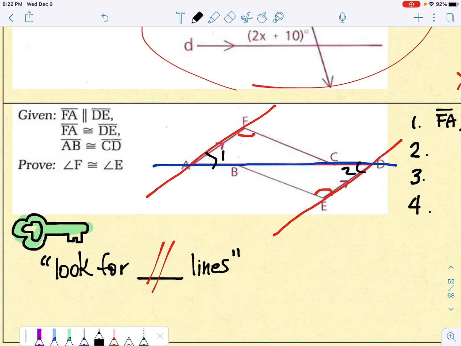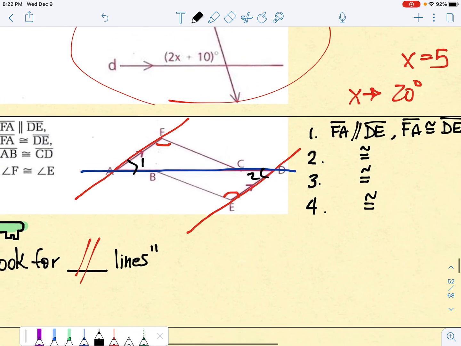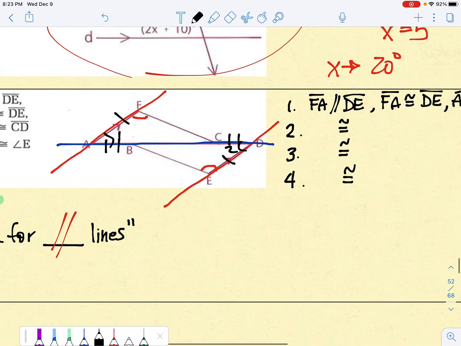So this is a classic case of trying to prove two triangles are congruent. And you can see the two triangles. We know that FA and DE, those pieces out there, and then we know that these little pieces here are congruent. Well, we know that if you add on a piece that's common, notice this piece here is common to both of them, it's shared.